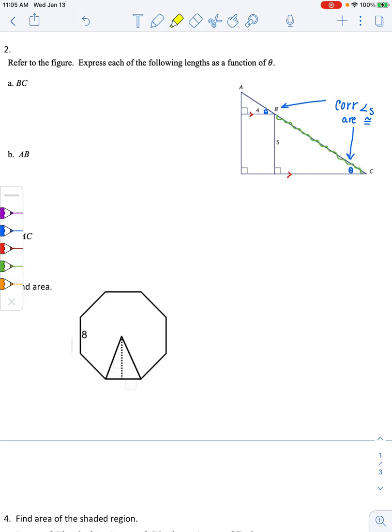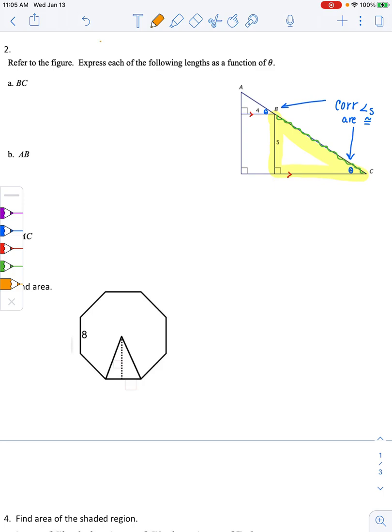I'm going to use the fact that I have a nice right triangle right here with theta. Opposite side is length 5, and we're finding the hypotenuse. So hopefully seeing all of that, you're thinking SOHCAHTOA, opposite over hypotenuse.